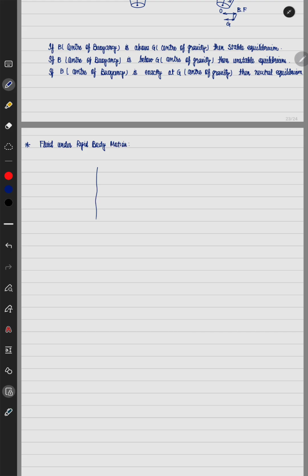Suppose I have this body and I have fluid kept in it, and I want to move this body with some acceleration, and this is the shape of the meniscus, the shape of the surface that I am getting.